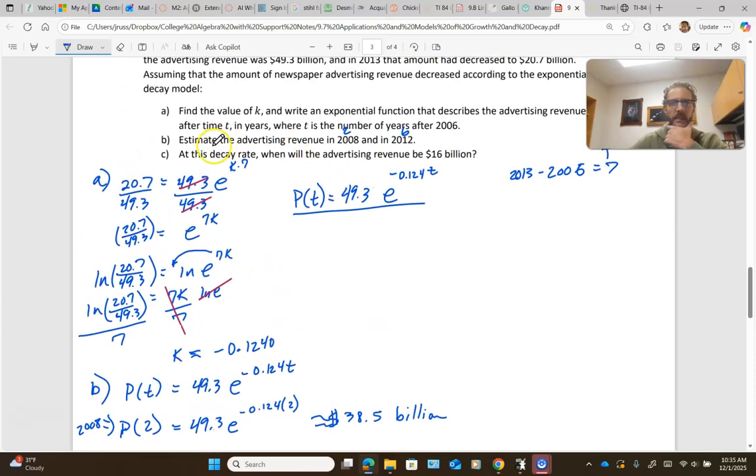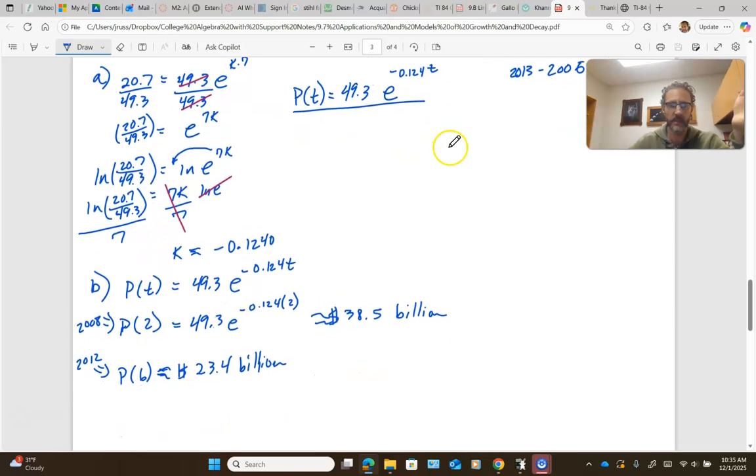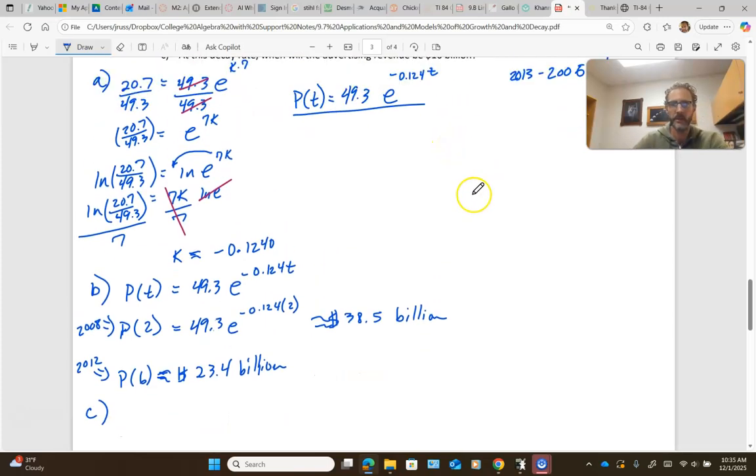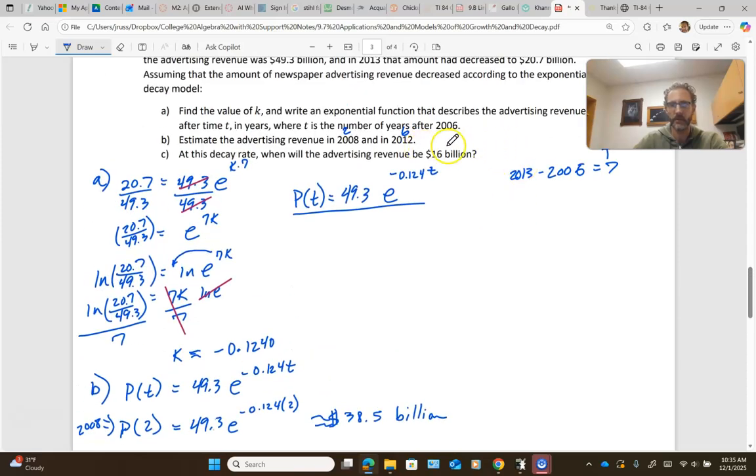What about part C? It says at this decay rate, when will the advertising revenue be 16 billion? Alright, well they're giving us a future value. Okay. We already know the decay rate, so we need to solve for t. So for C, we're going to set our function equal to this future value.